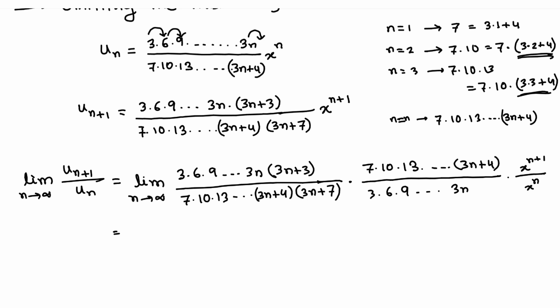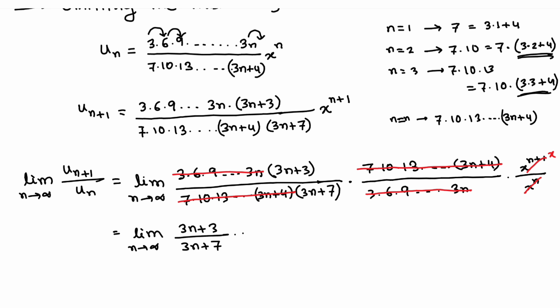Here you can see all the terms up to 3n are cancelled. Similarly all the terms up to 3n plus 4 are cancelled. Also, x to the power n plus 1 divided by x to the power n gives x.